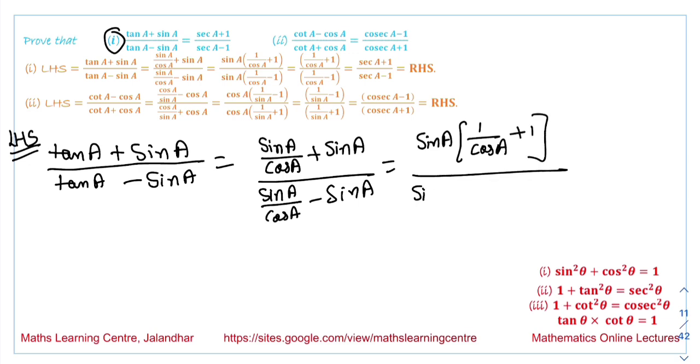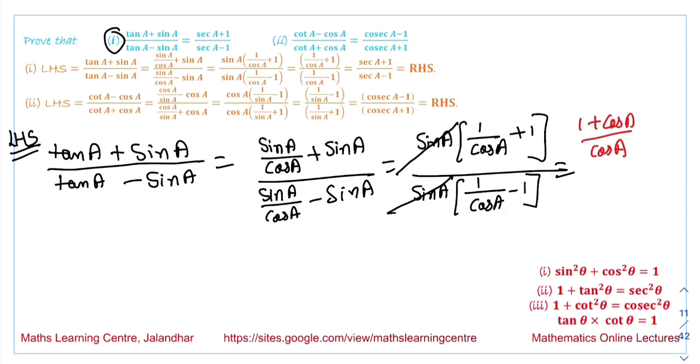We are taking sin A common from this, we are left with 1 over cos A minus 1. This sin A gets cancelled. If we take the LCM over here, we are left with cos A 1 plus cos A over 1 minus cos A over cos A.